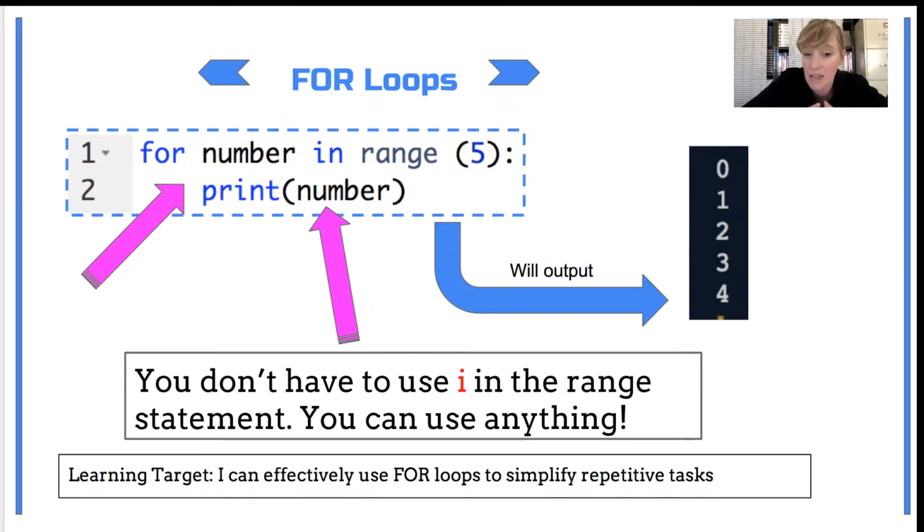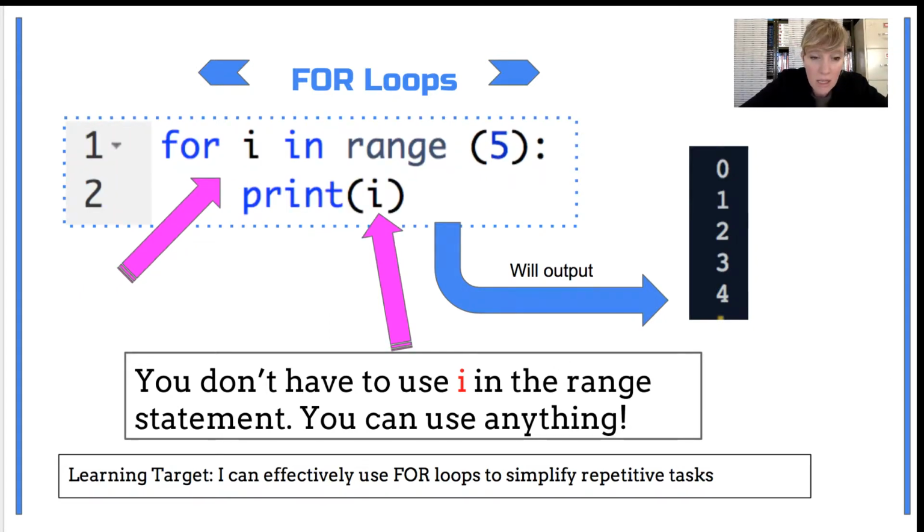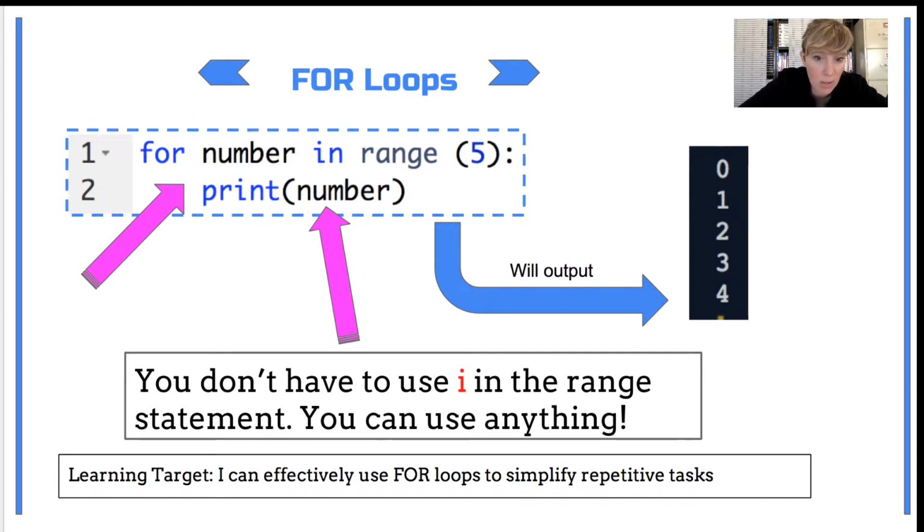You can use anything there as long as it's some sort of letters. So you could say for x in range 5, or for words in range 10. This one says for number in range 5, print number, and then it does the same thing. Going back to the previous slide, for i in range 5, print i. The same thing here, for number in range 5, print number. It gets the same output.